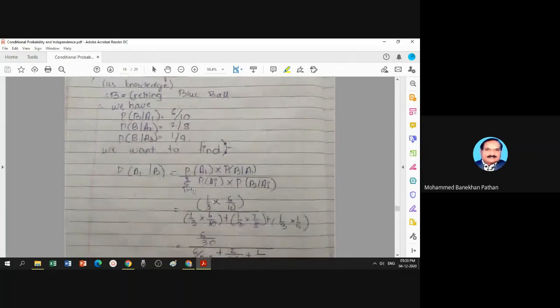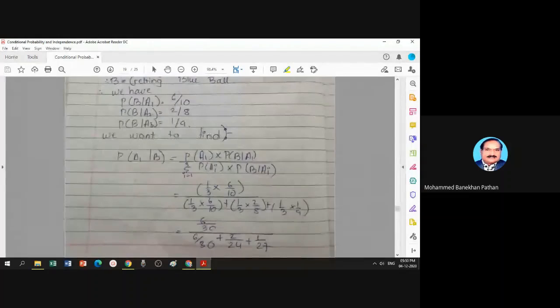What is the question asked? We want to find the probability of selecting bag 1 by using the knowledge that the ball selected is blue.